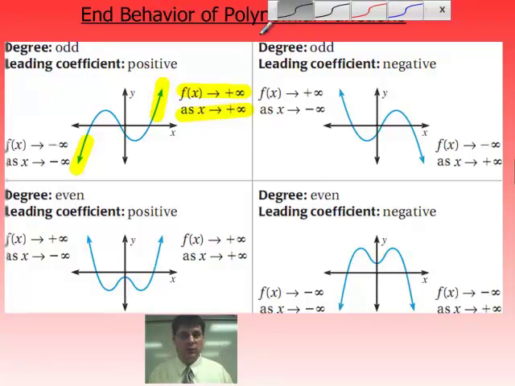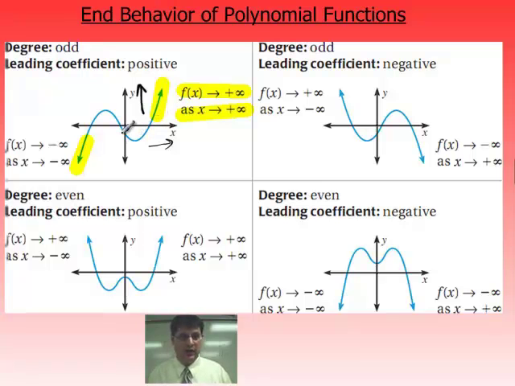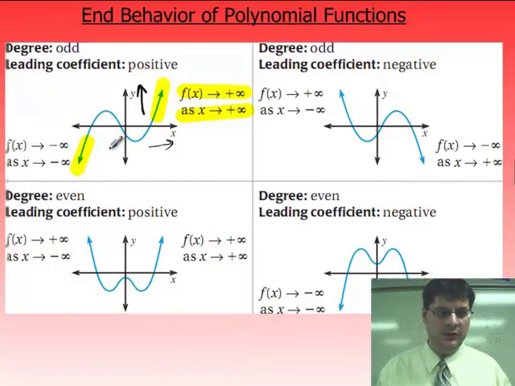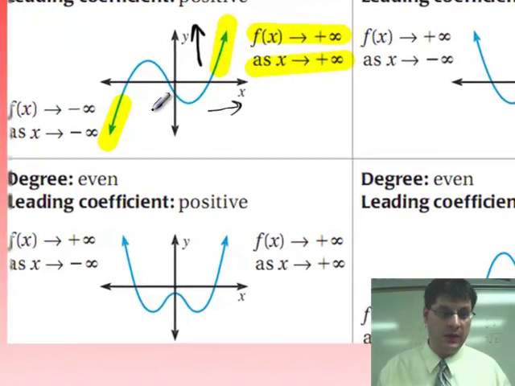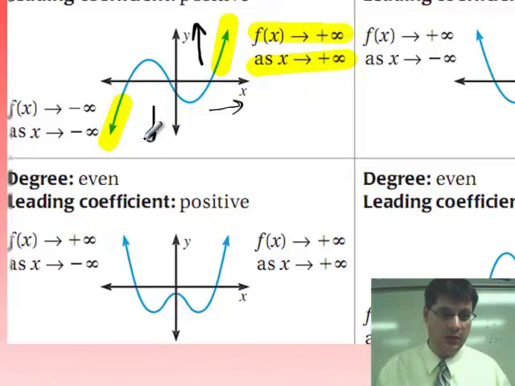That's when it's odd and positive. And in the other direction, f of x is approaching negative infinity as x approaches negative infinity. So it's going down and to the left, and we would express it this way.